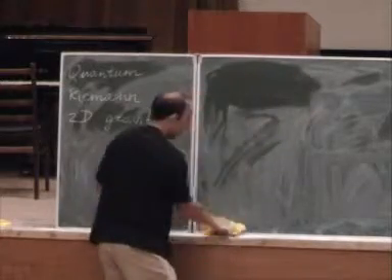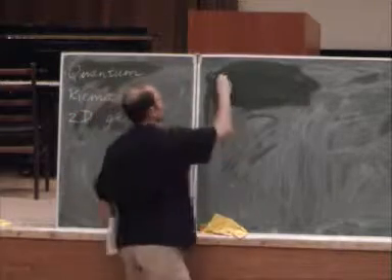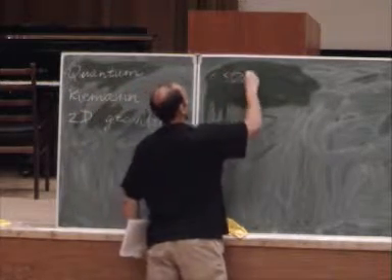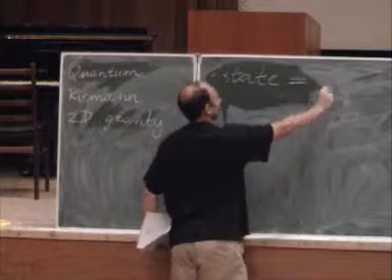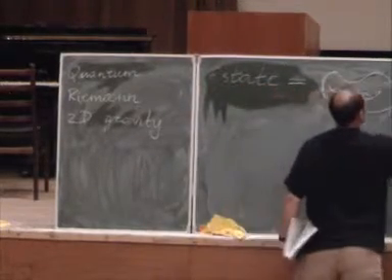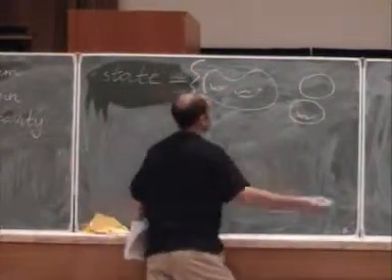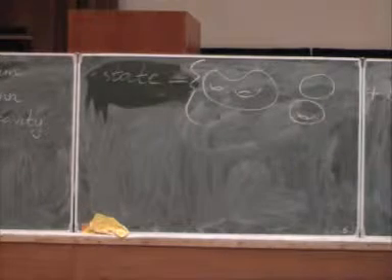Okay. So I have to describe a system in statistical physics. So first I describe the states. A state is a surface, not necessarily connected surface, with a metric.